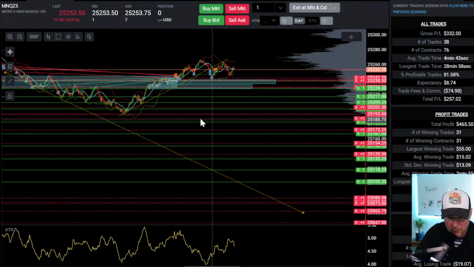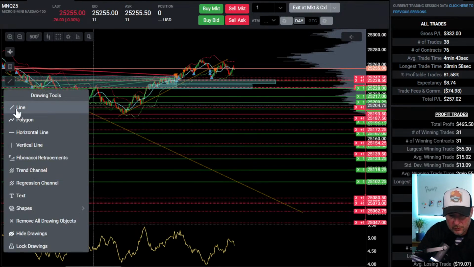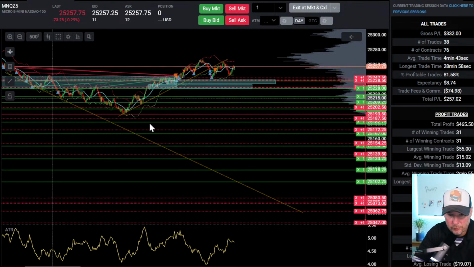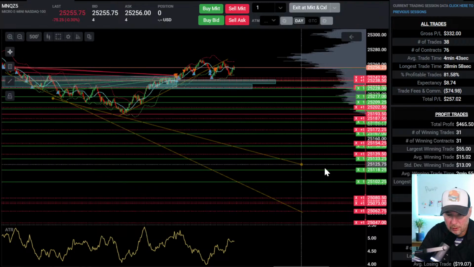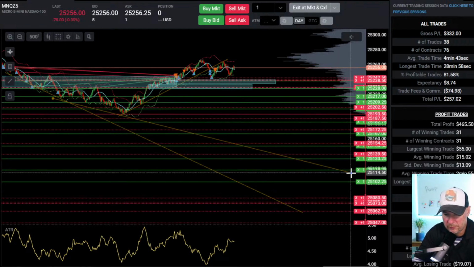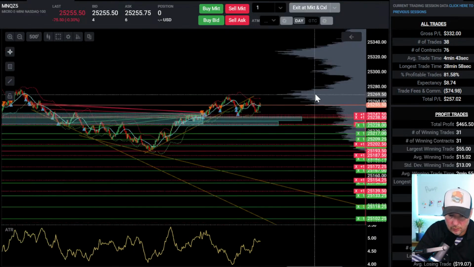All right. There's a slight change of wind happened over here. And I'm just gonna redraw another line here. Okay. So we could potentially follow this, which is the lesser line.